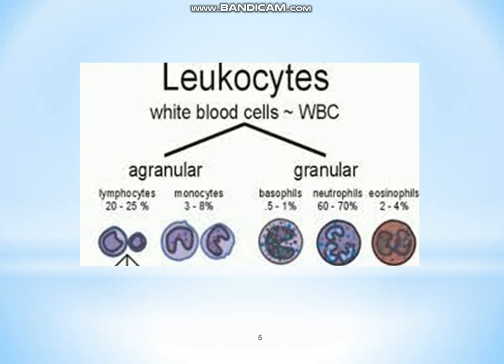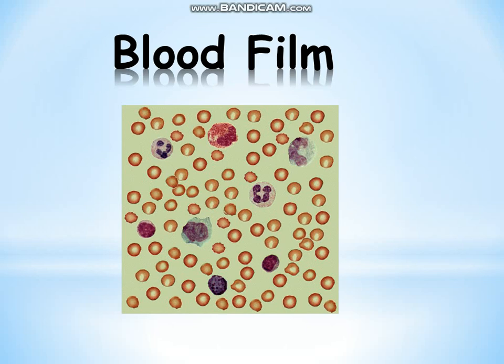Agranular leukocytes are the cells that do not contain any granules in their cytoplasm, as in the monocytes and lymphocytes. They are termed agranulocytes because there is absence of granules in the cytoplasm. Whereas the basophils, neutrophils, and eosinophils are termed granular leukocytes because they have granules in their cytoplasm.